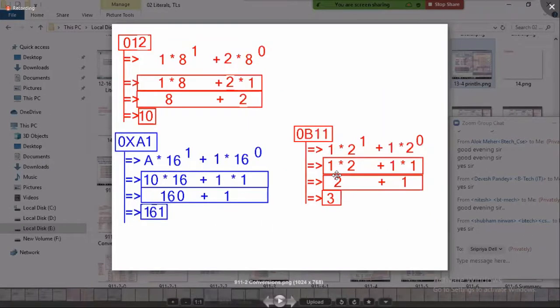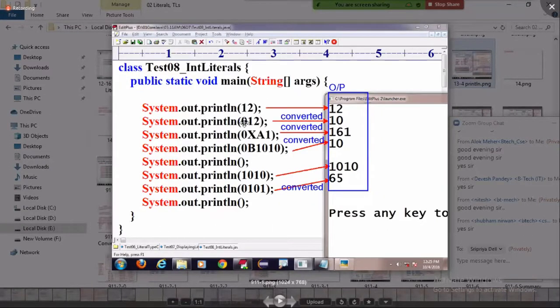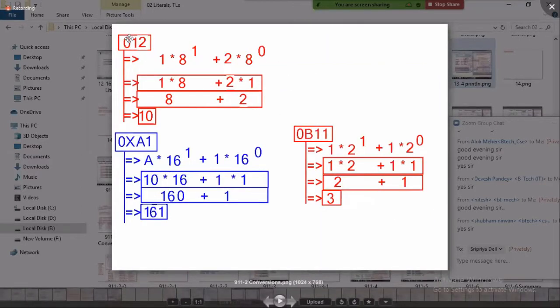Let us look at a small test case. If you take an octal number, it is converted to decimal. How? I told you, multiplications of its base. First you remove the 0, take 1 and 2, the remaining number, and divide it into digits 1 and 2. Then multiply by 8 power 0, 8 power 1, 8 power 2, 8 power 3 from right to left.